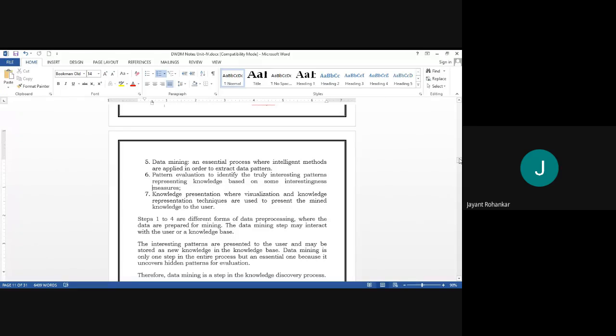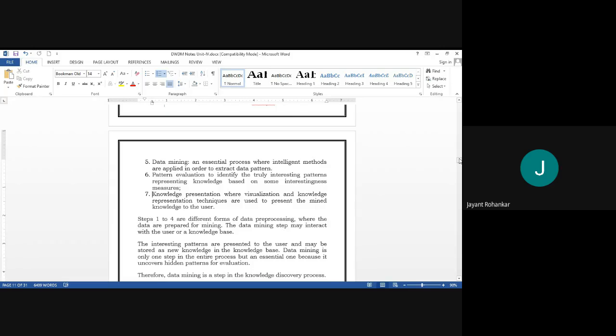The interesting patterns are presented to the user and may be stored as new knowledge in the knowledge base. Data mining is only one step in the entire process, but an essential one because it uncovers hidden patterns for evaluation.